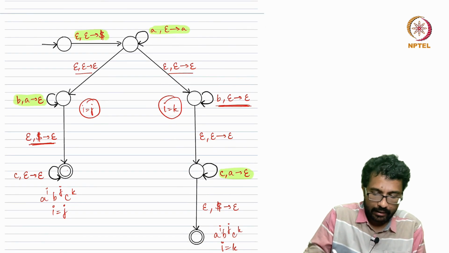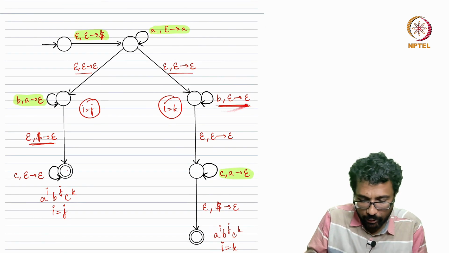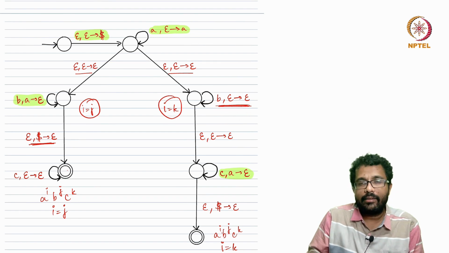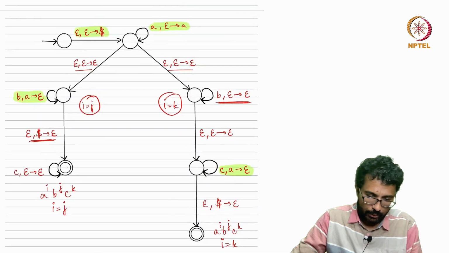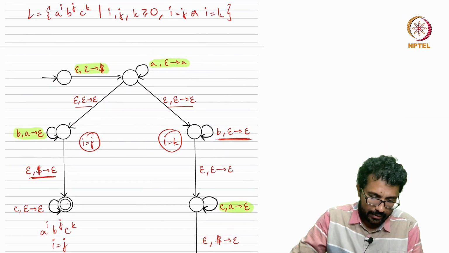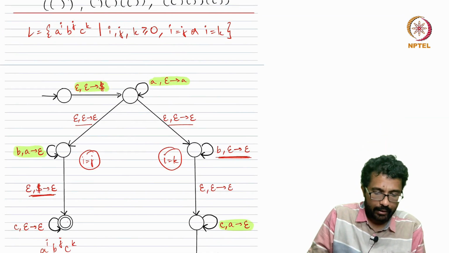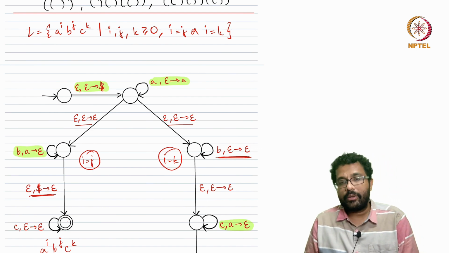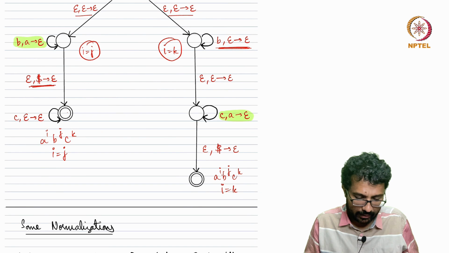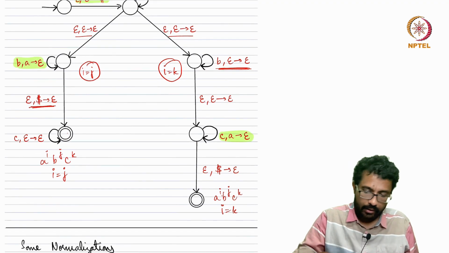And when we are checking whether a is equal to c on the right side, we have to make the self loop for b where b doesn't disturb the stack. So that's it for this language, a power i, b power j, c power k, where i equals j or i equals k, we are able to construct a PDA.